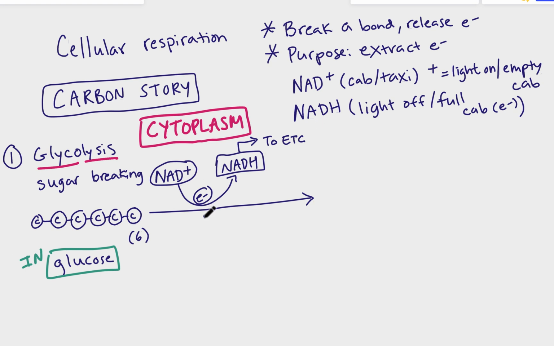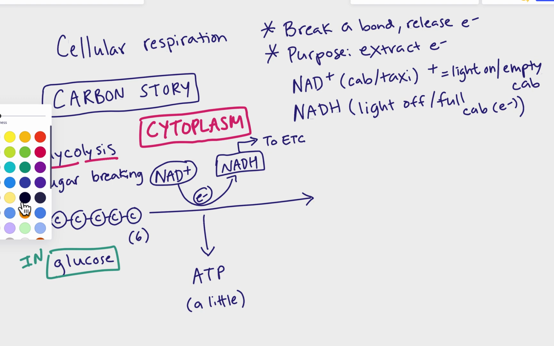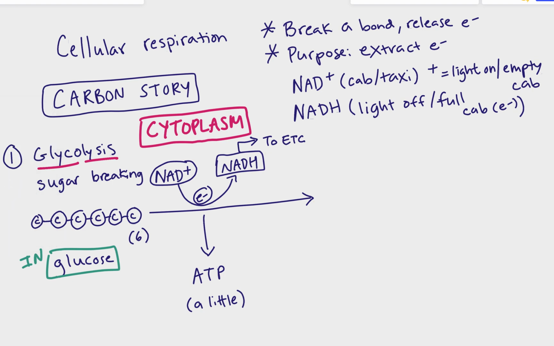Often when we break a bond, we can also make some ATP. But just a little bit in this case. So that's an output. So let's mark it in this gold color. I'm going to draw it in a starburst because it's a high energy molecule.